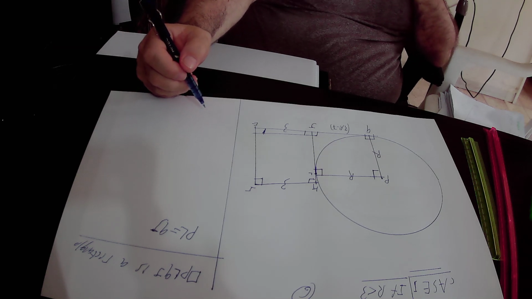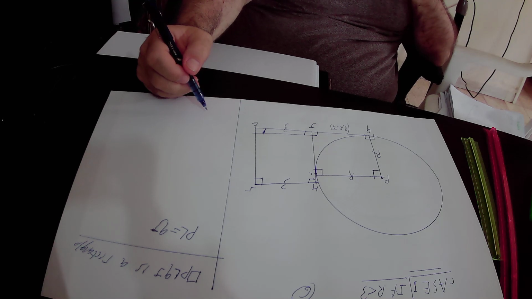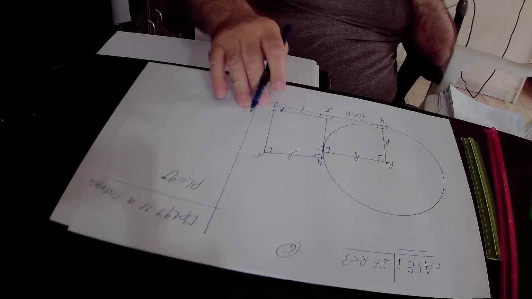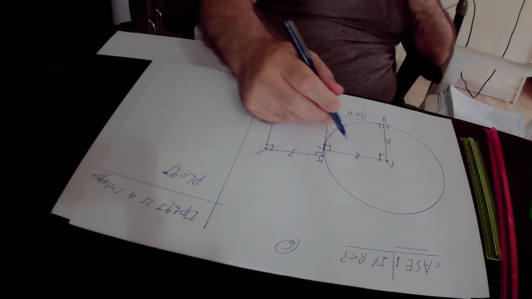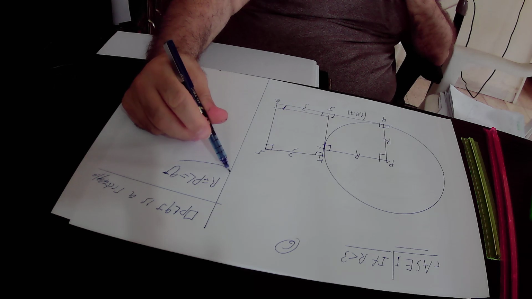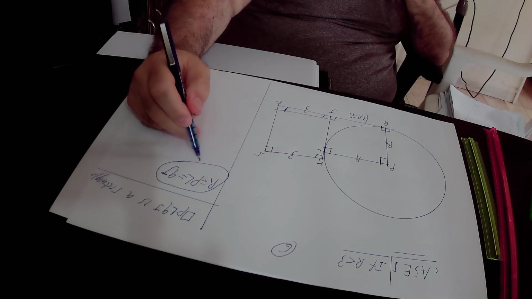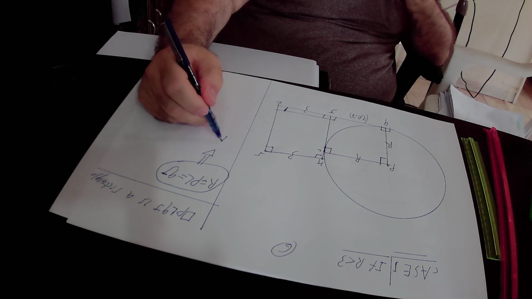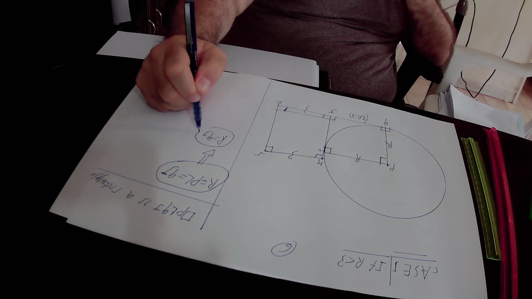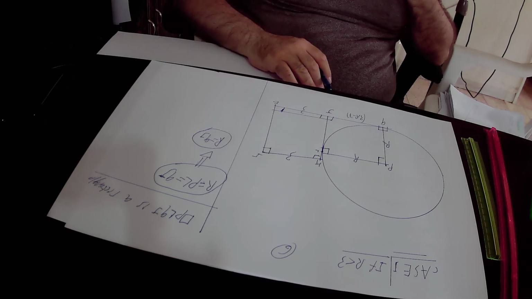But according to our assumption, PL equals R. And from this equation, R equals PL equals QJ, we derive that R equals QJ.